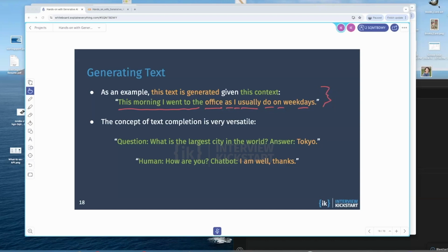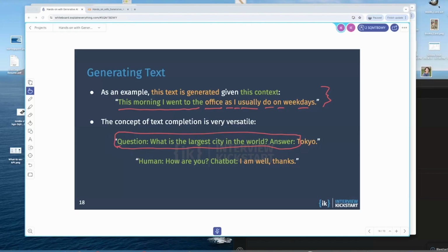But now you say, okay, is that all I can do with it? I can complete incomplete sentences? Is that all language models are good for? And the idea is, you can actually use them for most language related tasks that you can think of. So for example, what if I fed a model as context this question: "What is the largest city in the world?